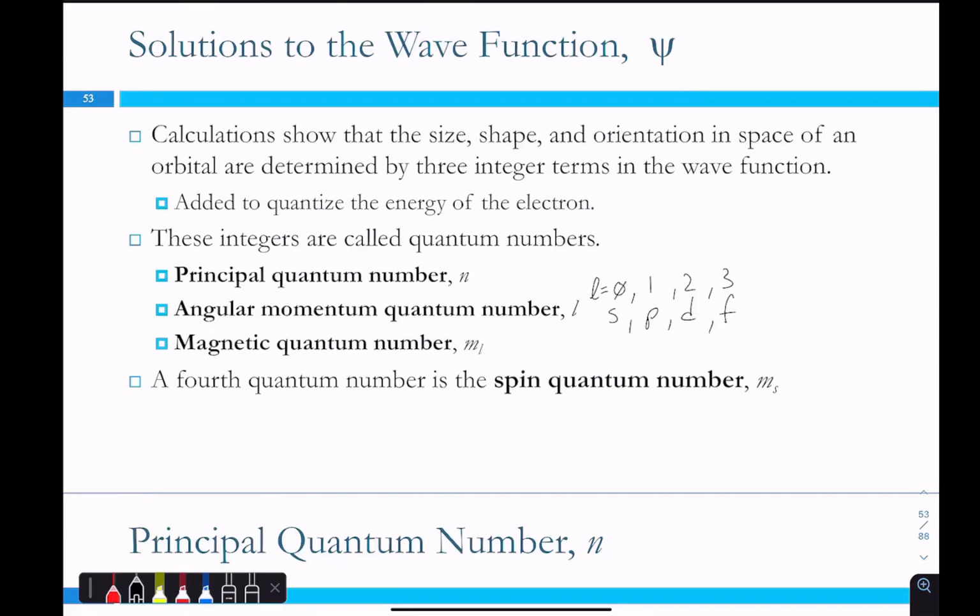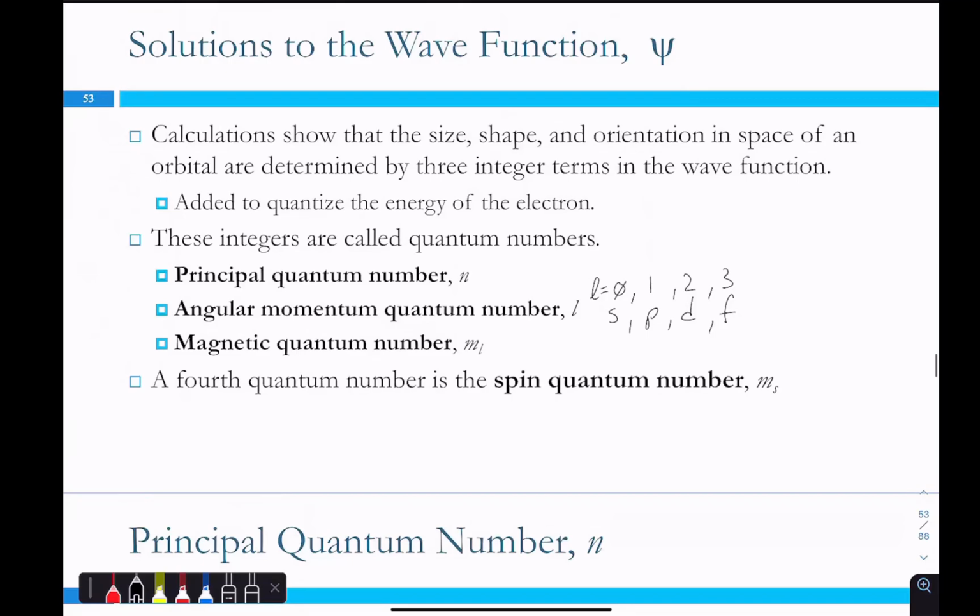And then you have a magnetic quantum number, which corresponds to each of the different types of orbitals. And there are, what is it? l times 2 plus 1. I think it's actually on one of the next slides.